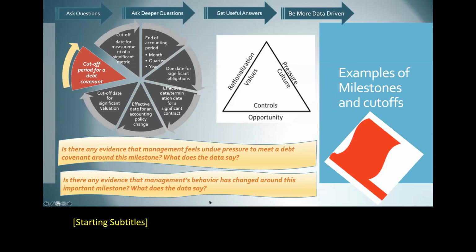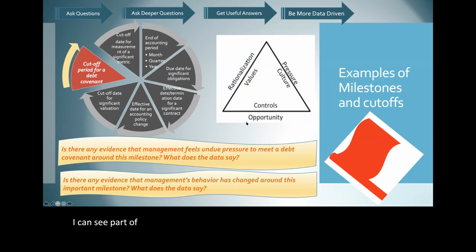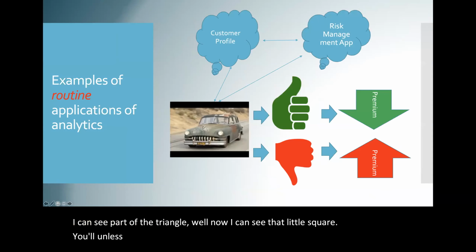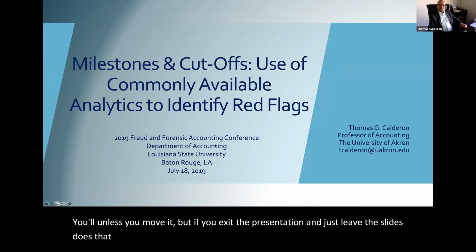We're only able to see half of the slide. Okay, which half are you seeing? Well, right now I can see the wheel. I can see part of the triangle. Now I can see that little square. But if you exit the presentation and just leave the slide, does that allow you to do that? Yeah, I could do that.